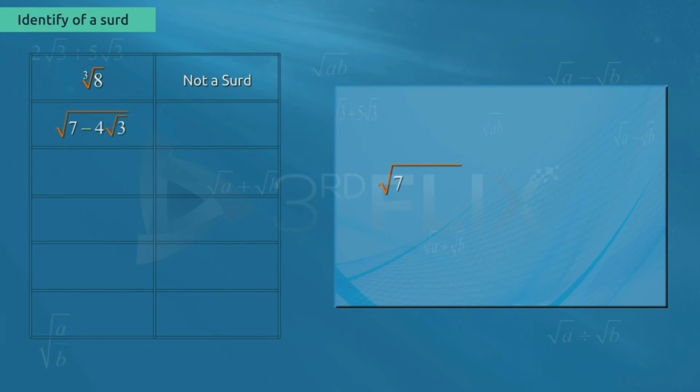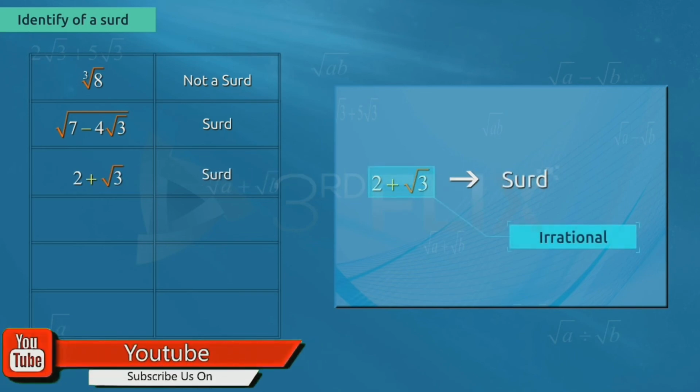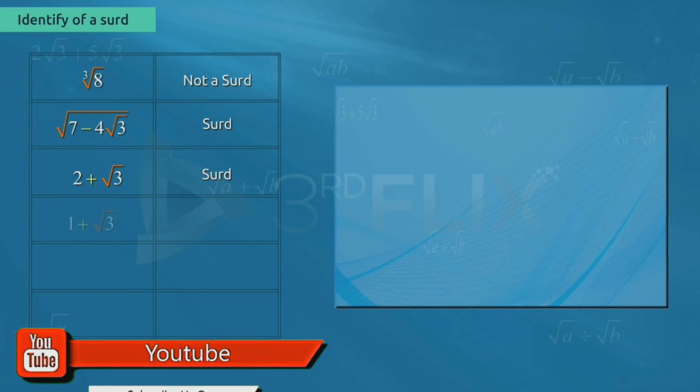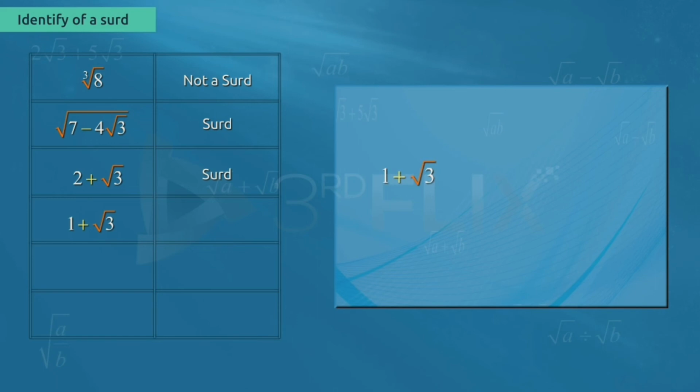Root of 7 minus 4 root 3 is a surd because radicand is an irrational number. 2 plus root 3 is a surd because 2 plus root 3 is an irrational number. 1 plus root 3 is a surd because radicand is an irrational number.